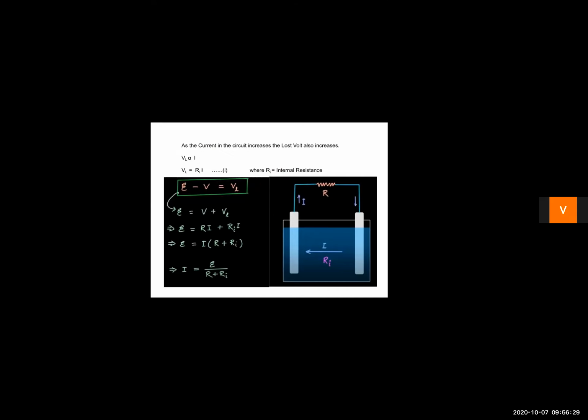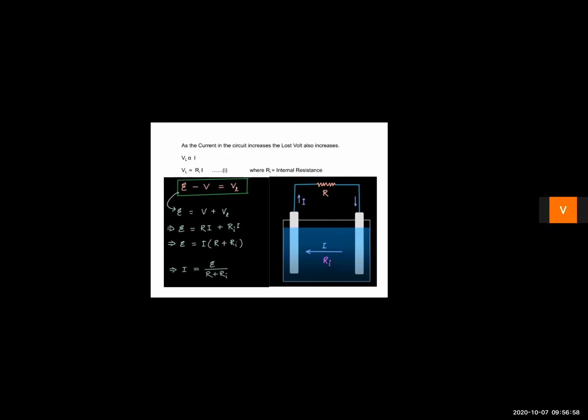Here in the diagram, we know that Ri, that is internal resistance, is the resistance which is offered by the electrolyte solution that is H2SO4 to the positive and negative ions. So it is the internal resistance, right? So that is over here, Ri. And here we are connecting an external resistance that is R.